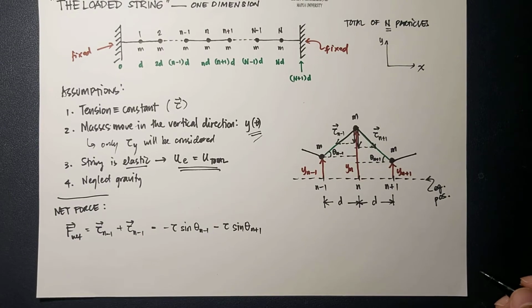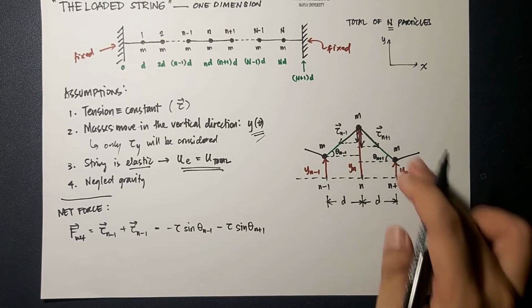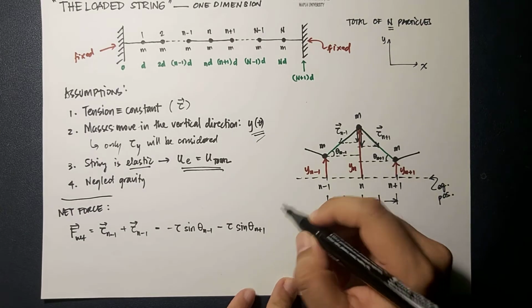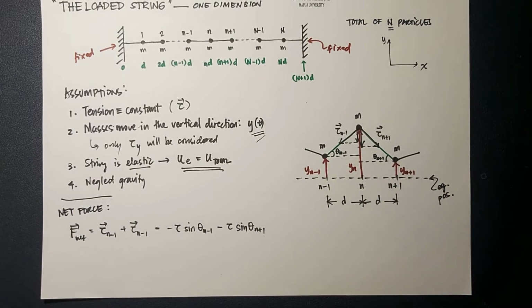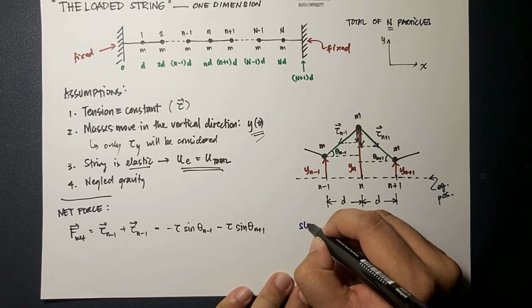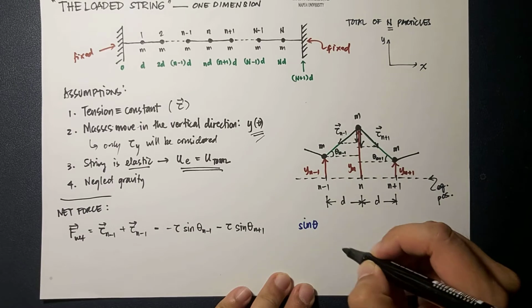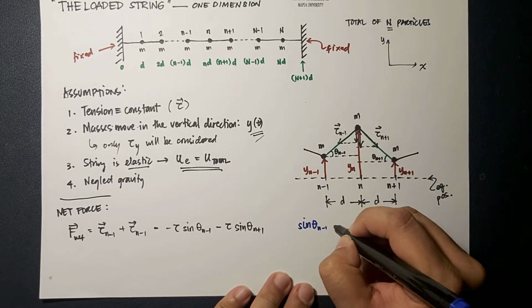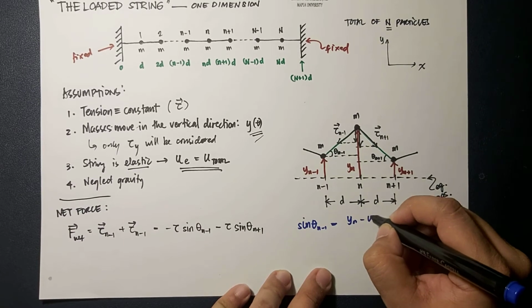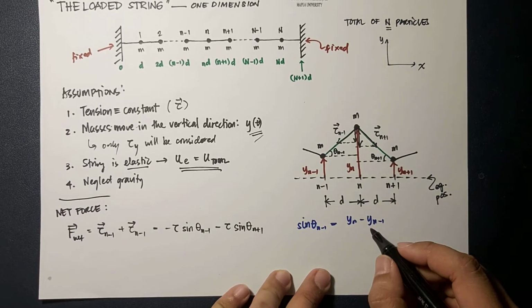So if we look at this, we can see that sine theta n minus 1 will be equal to yn minus yn minus 1, right?